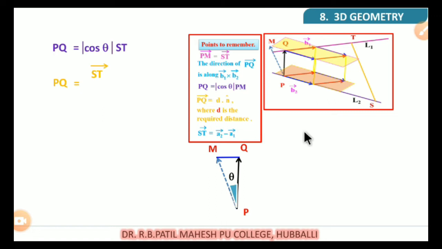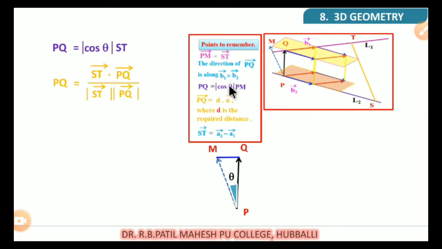Therefore we can take cos theta as ST dot PQ divided by magnitude of ST into magnitude of PQ. This is by the definition of dot product.